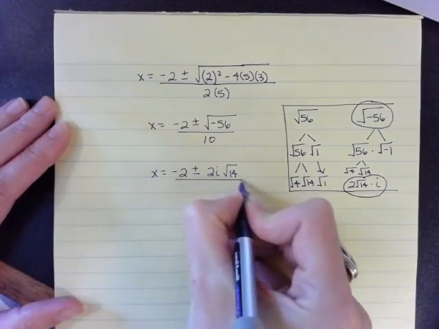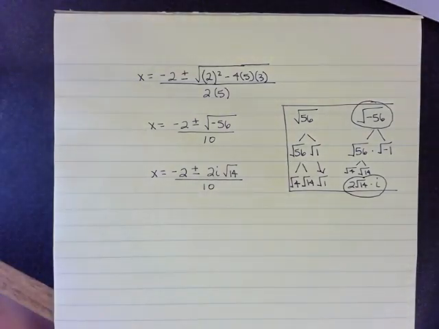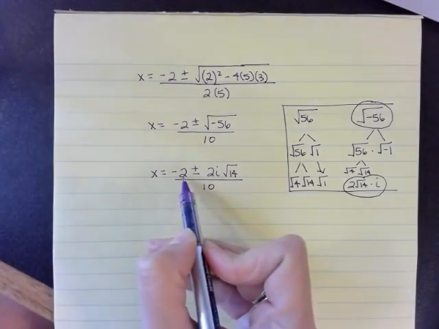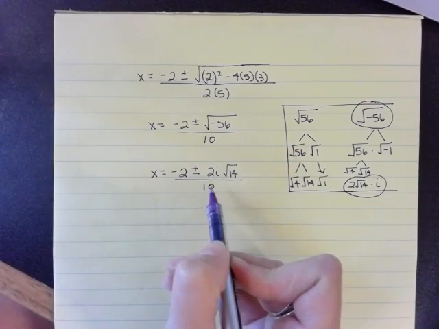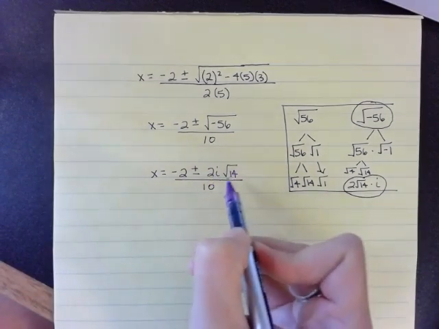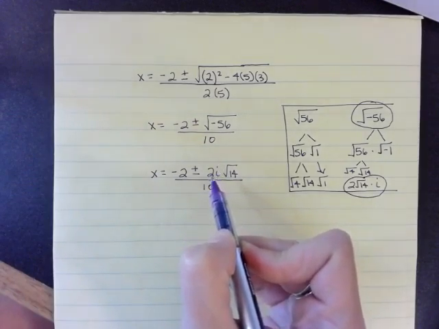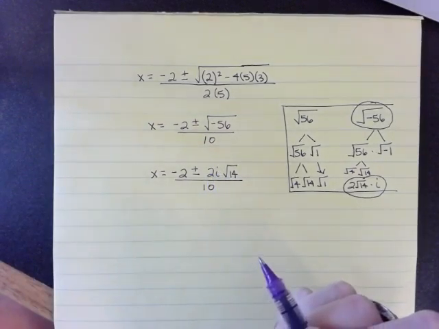all over 10. Now hopefully you should be looking at this and saying, I can simplify even further because the 2, the 2, and the 10 all have a 2 in common. And you have to remember that this is multiplication. So 2i is just saying 2 times i.